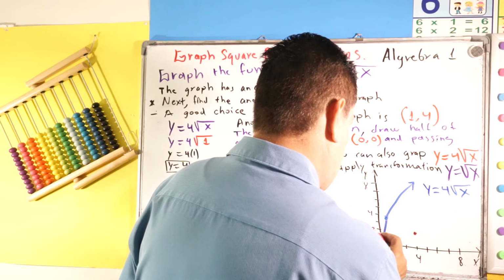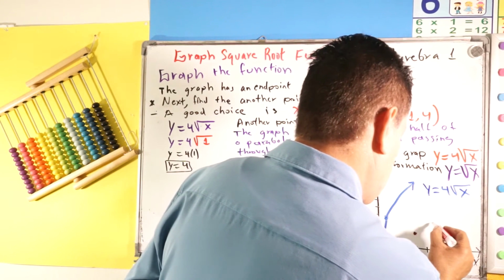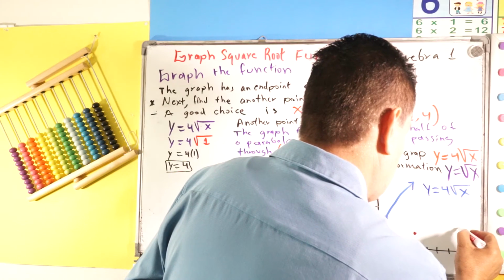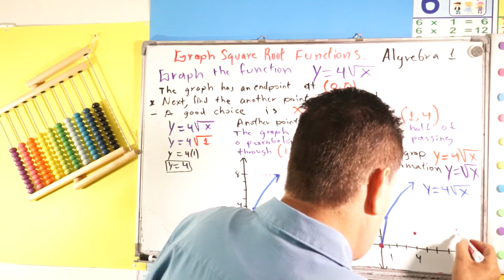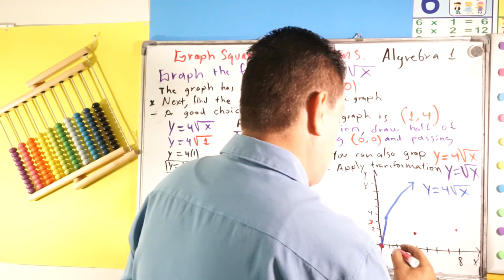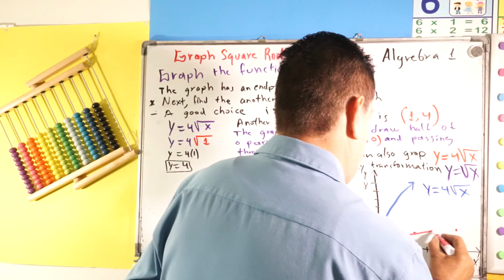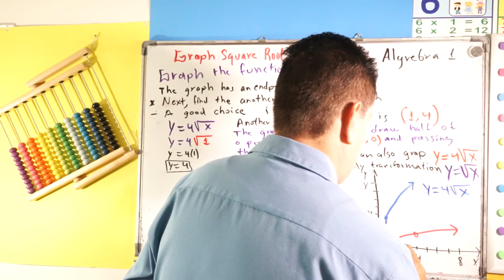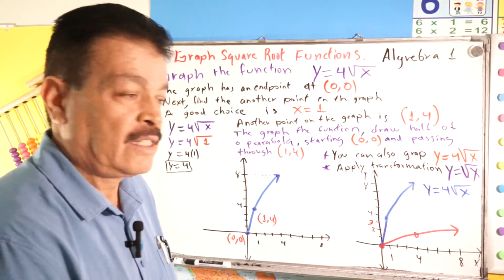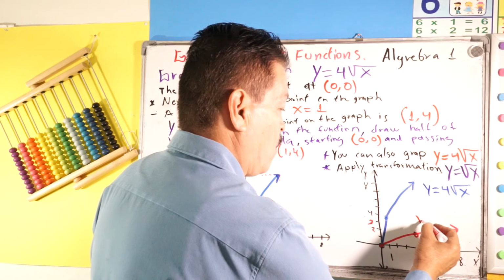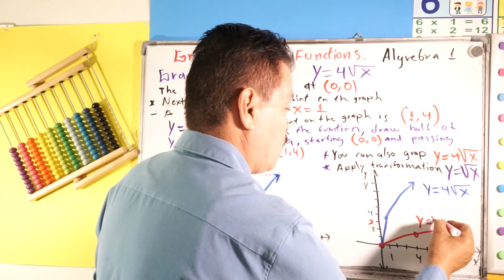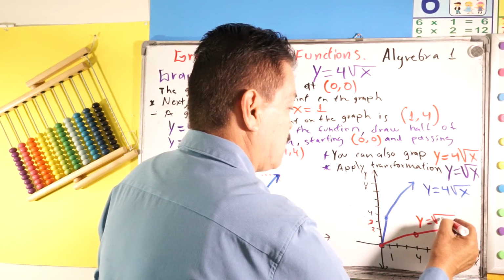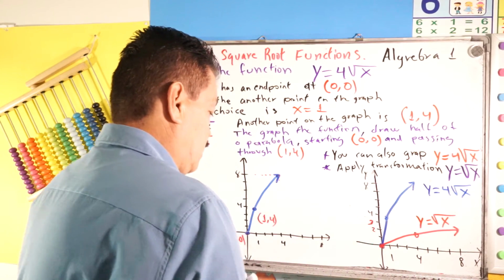So you translate the graph, and it looks like this. This is the graph of y equals square root of x. See?